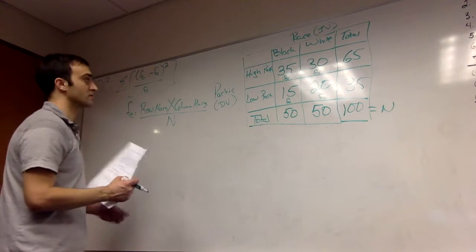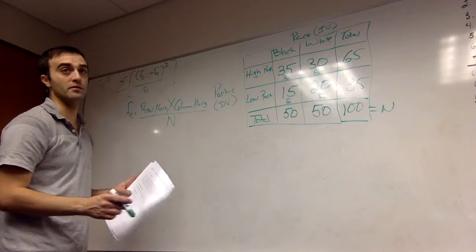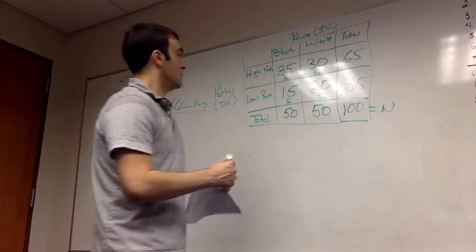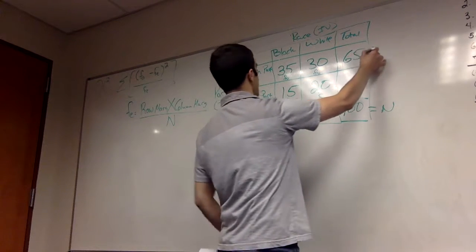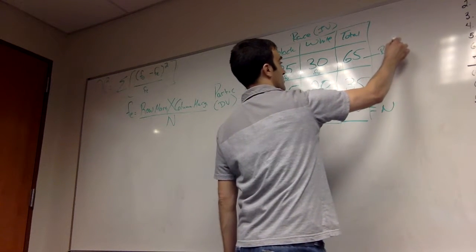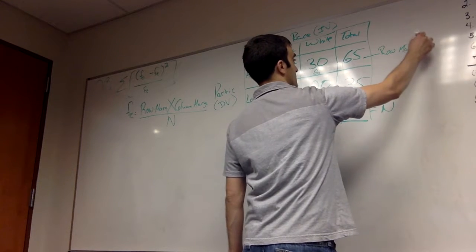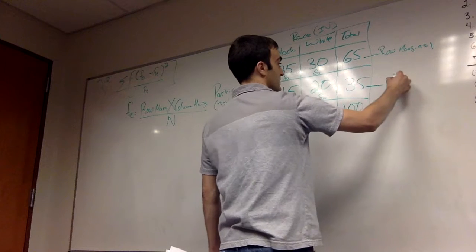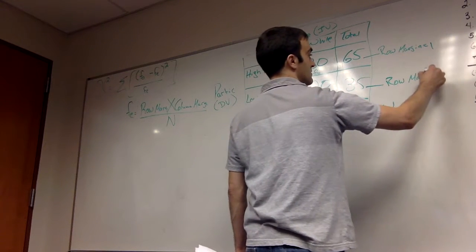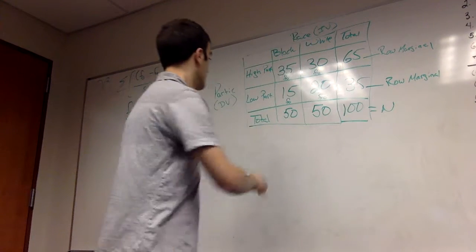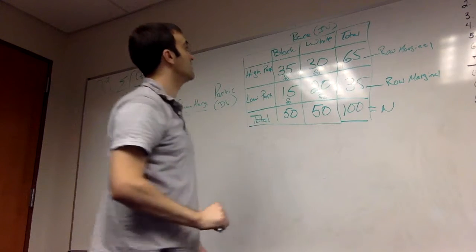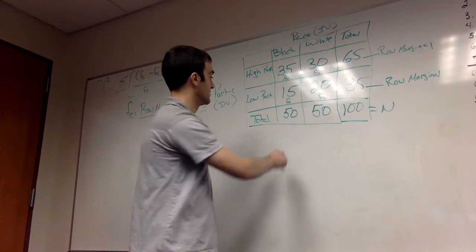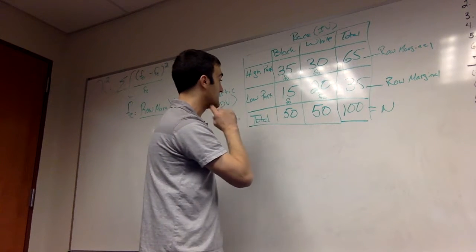What are the marginals? They are what appear in the totals column or row. So this 65 is a row marginal for high participation. This 35 is a row marginal for low participation. The column marginals are the totals for the columns of the substantive categories.